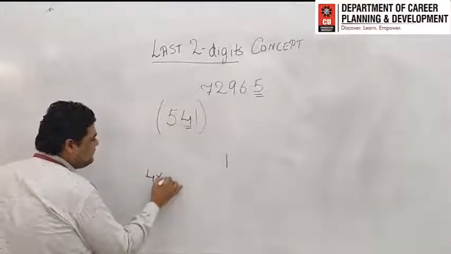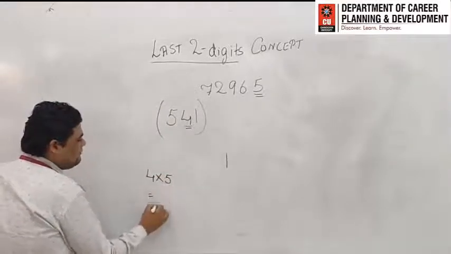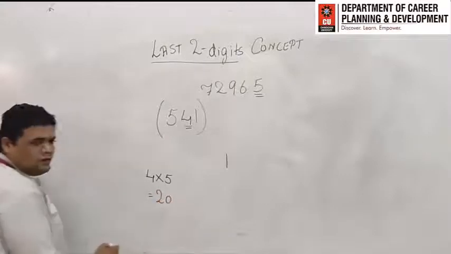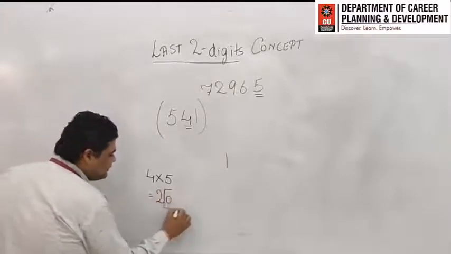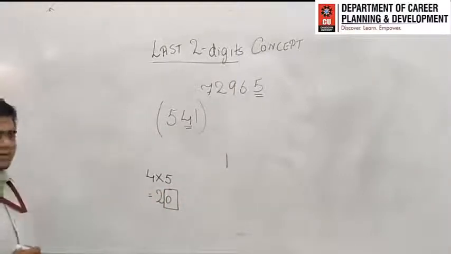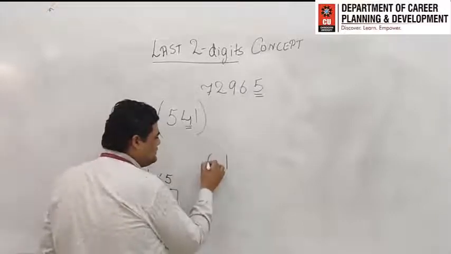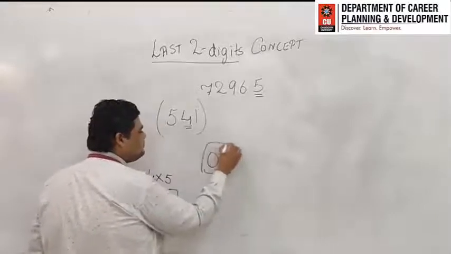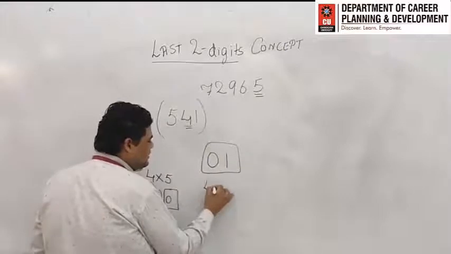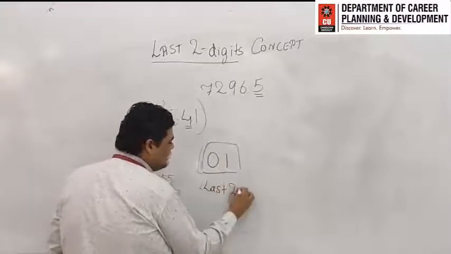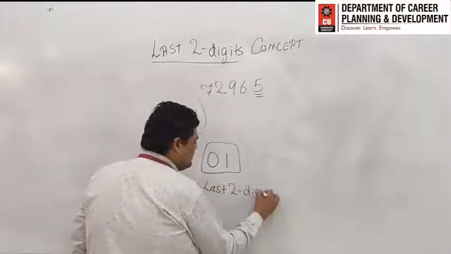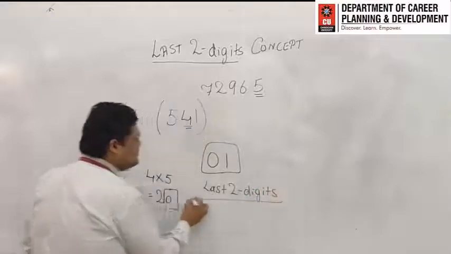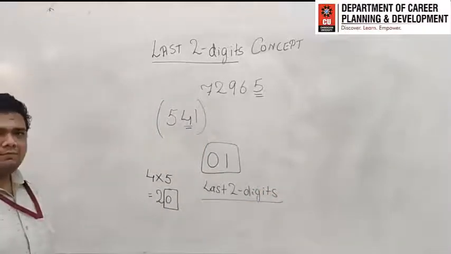So 4 multiplied by 5 is 20. Just pick the unit value of this number, which is 0. So the last two digits will be 0 and 1.